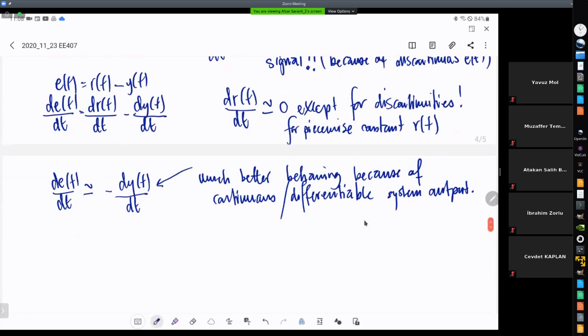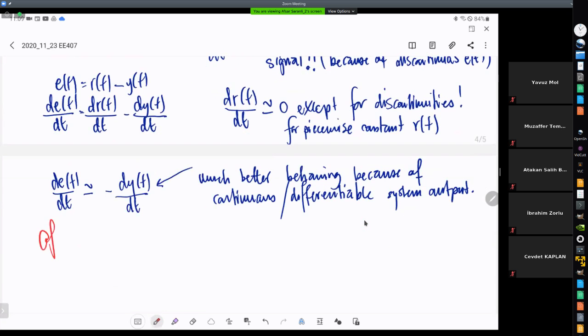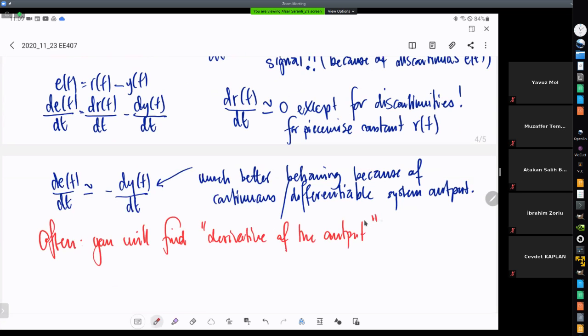So often you will find the derivative of the output used instead of the derivative of the error. And that's the reason behind it.